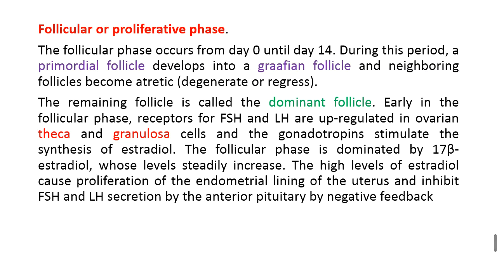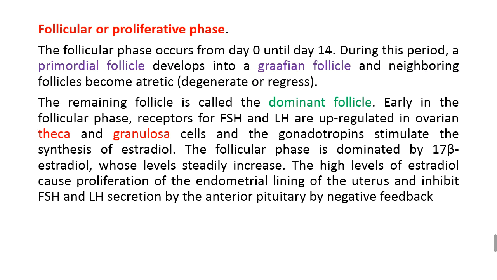Early in the follicular phase, receptors for FSH and LH are upregulated in the ovarian theca and granulosa cells. As you remember, we said this in the last slides. And the gonadotropins stimulate the synthesis of estradiol.